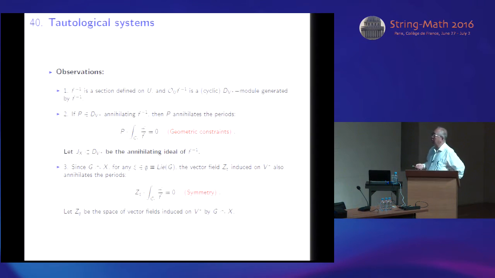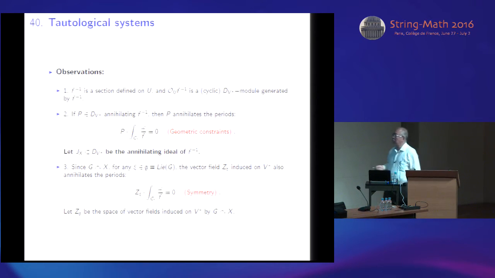And then since the group G acts on X, for any Lie algebra element theta, there's a vector field induced on V star. It also, for symmetry reasons, kills the integral. So now we have two sets of things that kill the integral. One is P, one is Z theta.